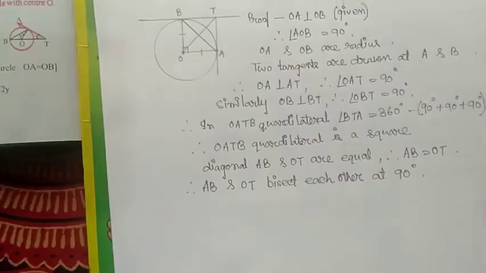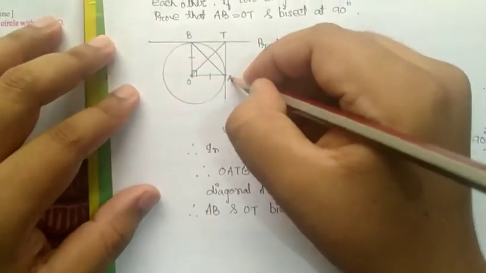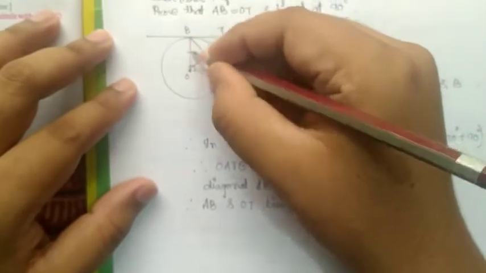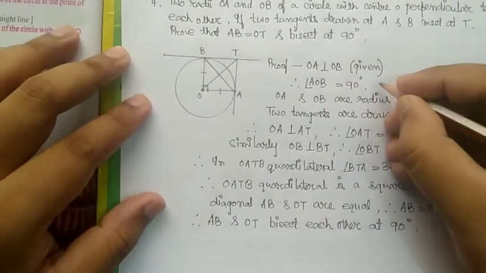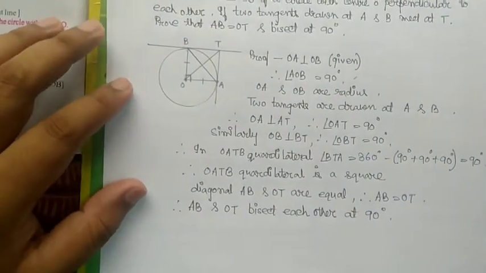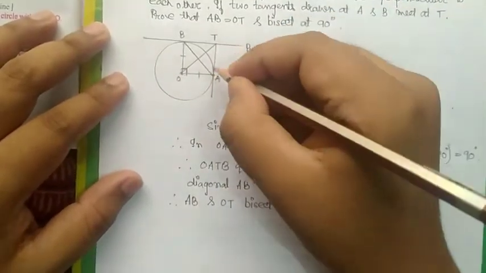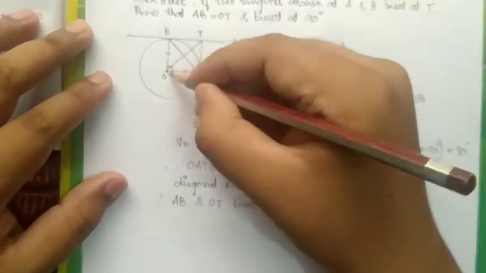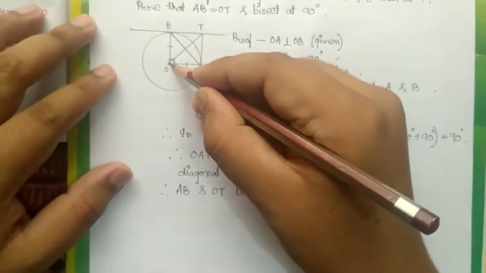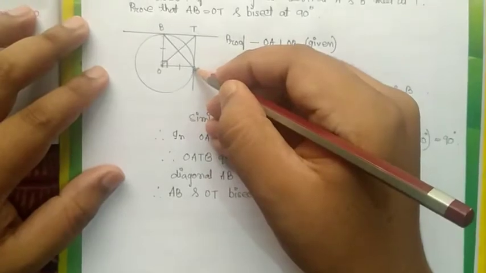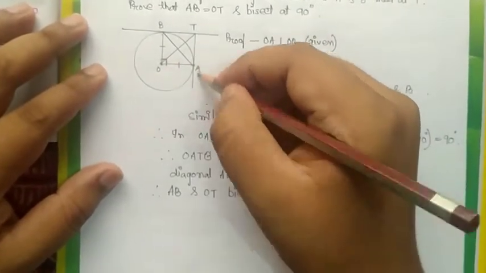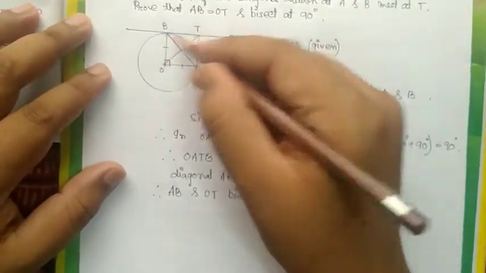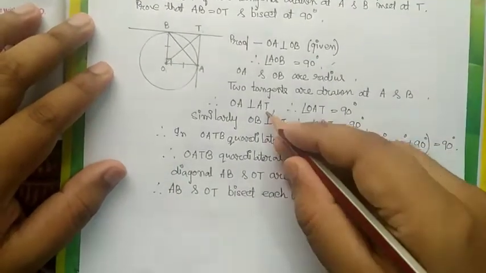So in the question it is given that OA perpendicular to OB, therefore this angle is 90 degree, write that. Now OA is a radius and AT is a tangent, and OB is a radius and BT is a tangent, so therefore radius is always perpendicular to tangent, so OA perpendicular to AT and OB perpendicular to BT, I write that.